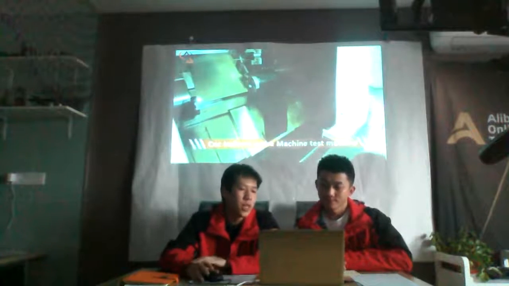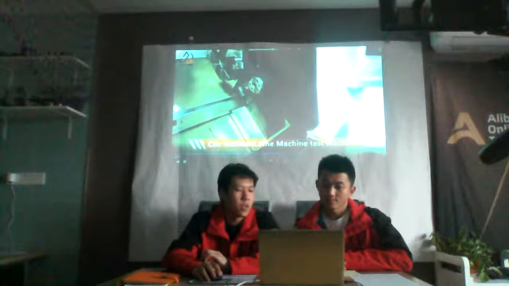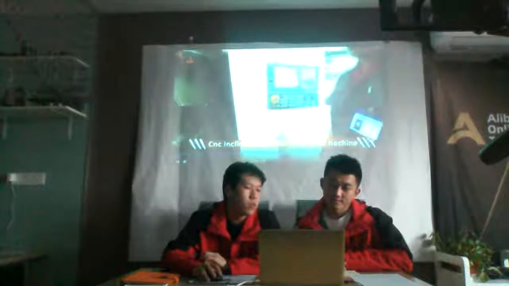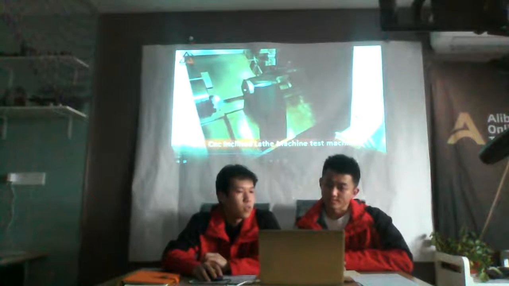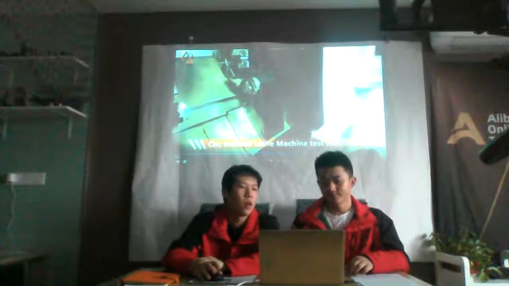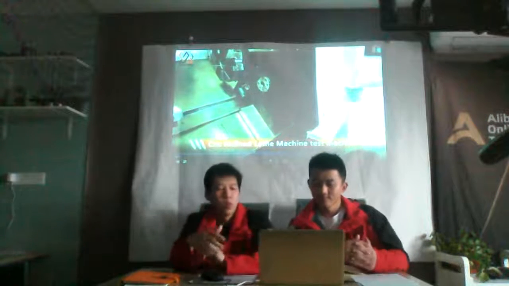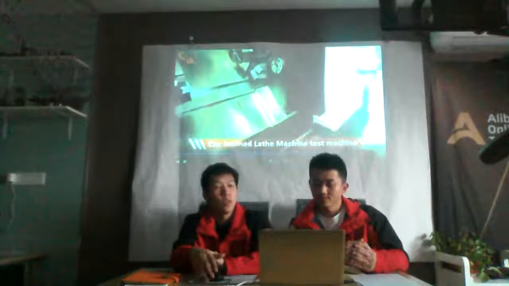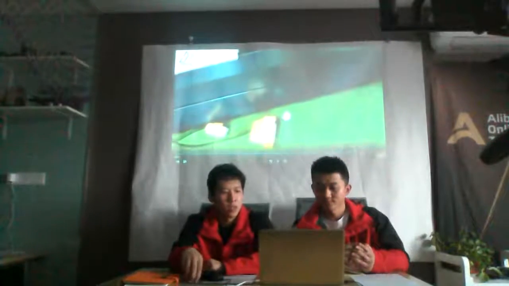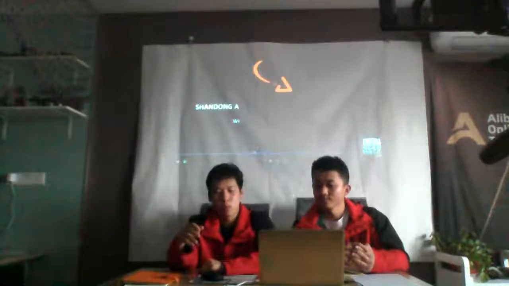And from this video, we can see this turret maybe is how many tools do you think? This model maybe is 6 tools. Yes, this model is 6 tools, and it's our most common tools. Yes. Usually we give 6 tools or 8 tools as optional, and if the customer wants more tools, maybe 12 tools is also available. Yes.